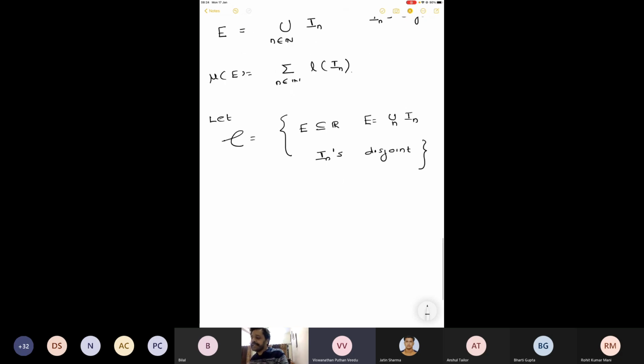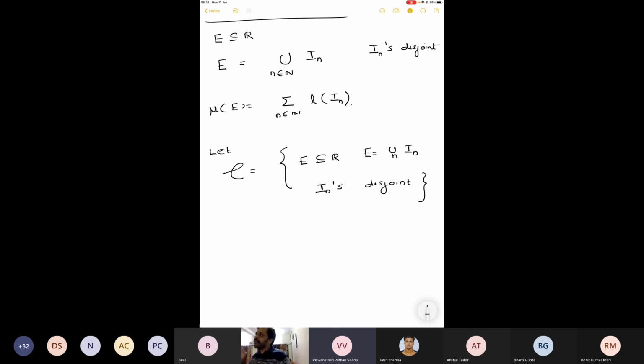Now, if you pick an E from C, I know how to define mu of E. So every element in script C is now like a standard object. I know how to measure them. Something like a rectangle or whatever it is. So whenever you pick an element from C, I know how to measure it. So they are like a standard object in geometry.